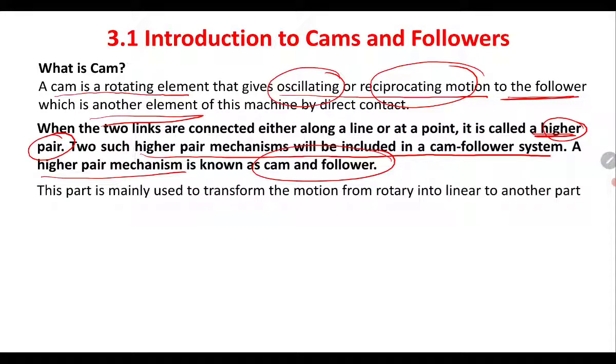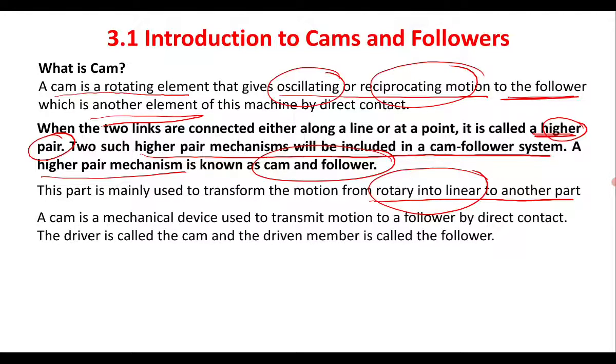This part is mainly used to transfer the motion from rotary to linear. Conversion of rotary motion into linear motion is the main goal of cam and follower mechanism. A cam is a mechanical device used to transmit motion to follower by direct contact. The driver is called cam and the driven member is called follower.